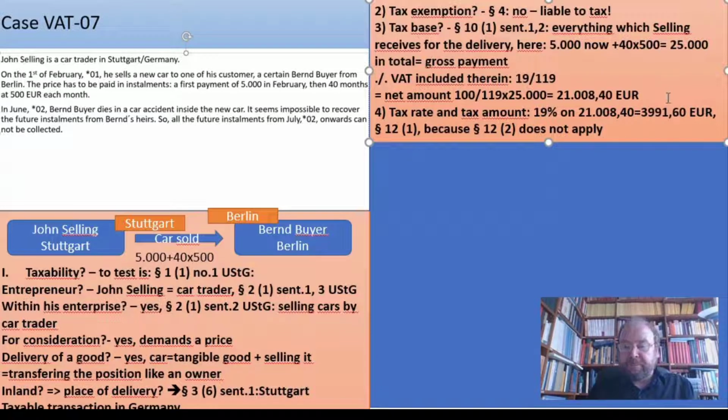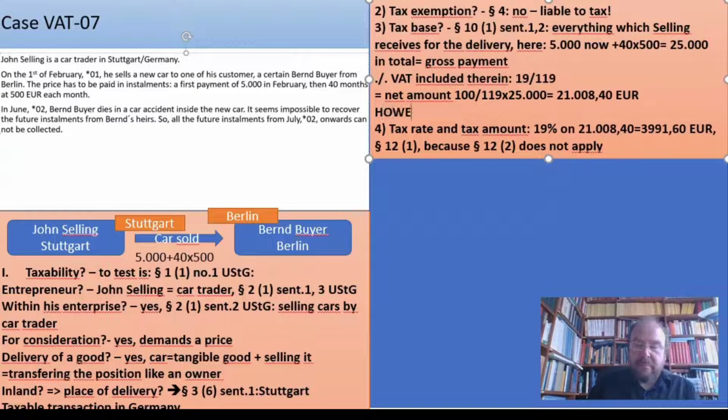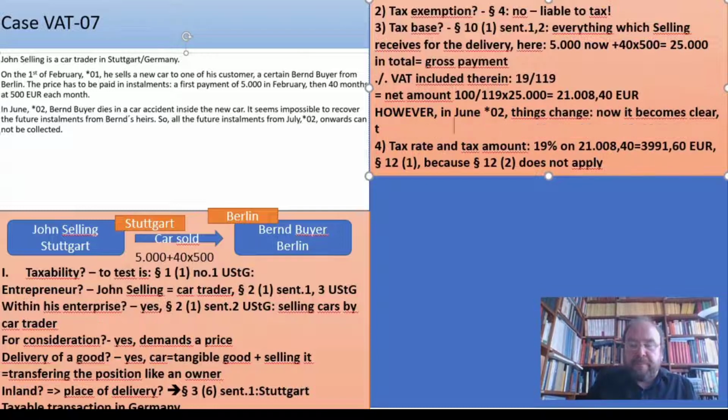However, in June 2002, things change. Now it becomes clear that John never gets more than 5,000 plus, well, March, April, June of the first year, plus 12 additional months, 15 times 500.